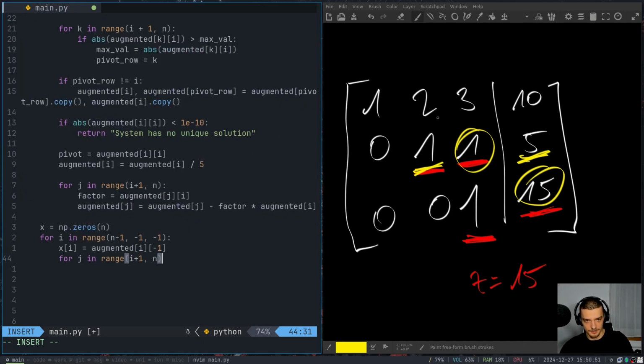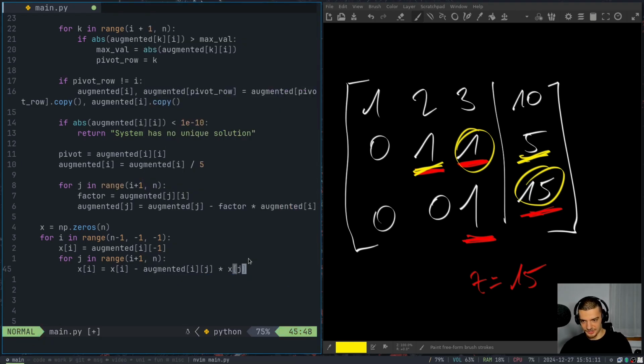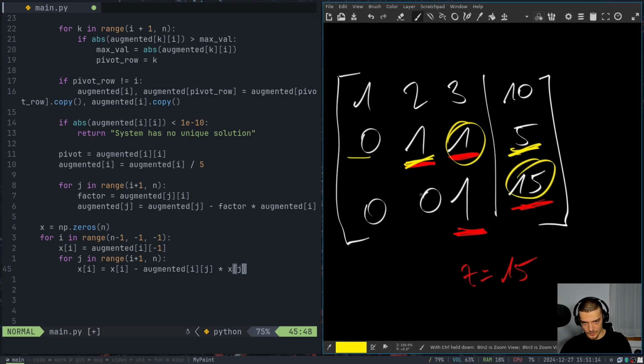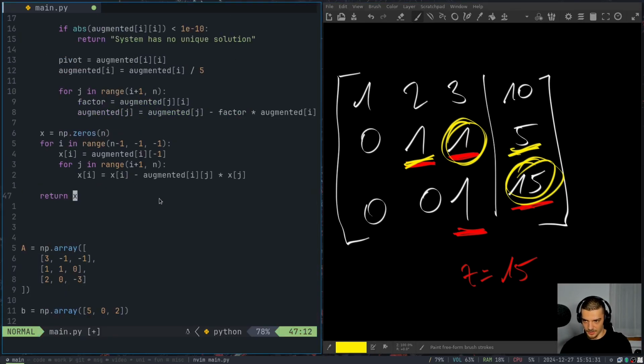So for all the rows that come below the row I'm currently looking at, we need to subtract from our value that we took the value for that specific column times whatever that value was. So x[i] in this case, if we're already in this row, we would say whatever augmented[i][j] is, so 1, times whatever x[j] is, and j is the one from before, so that would be 15. So I would say it's 5 minus 15. And that's basically it. Once we're done with that, we have solved the system of linear equations.